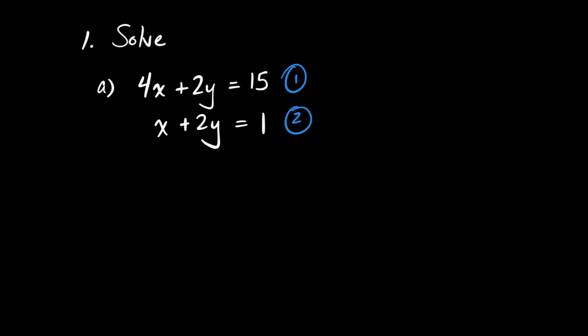As long as I add those two equations together, and I do it correctly, then my outcome is true. But I don't have to add them. I could subtract them. I could multiply them. I could divide them. Any operation I do between those two equations, as long as I do it correctly, then my outcome is also true. And that's the theory behind elimination.